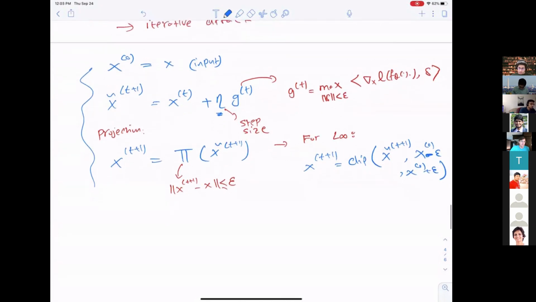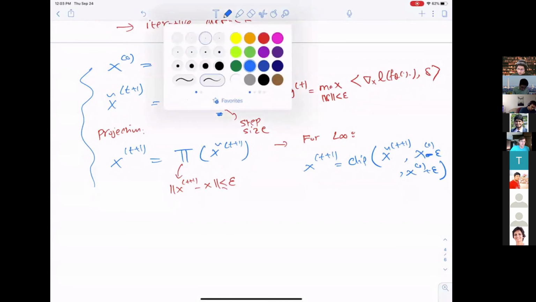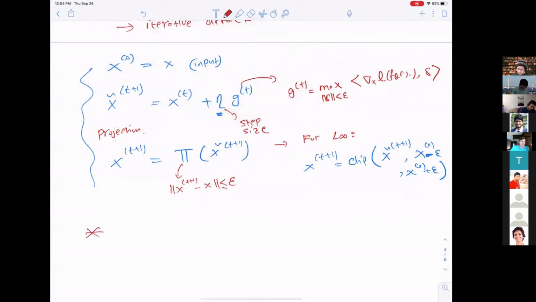All right, so roughly speaking, comparing these two attacks, oftentimes PGD is more effective than FGSM attack, right? Obviously, because we are using more iterations, so it is more powerful.